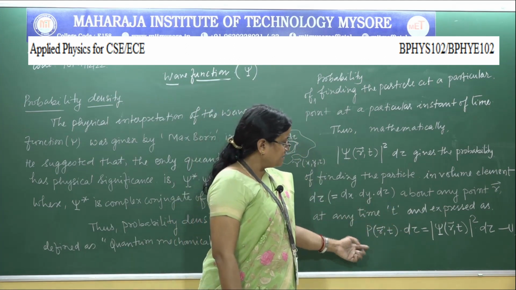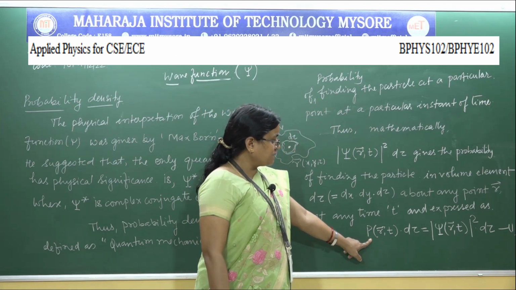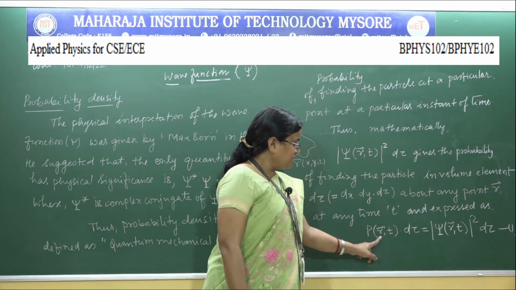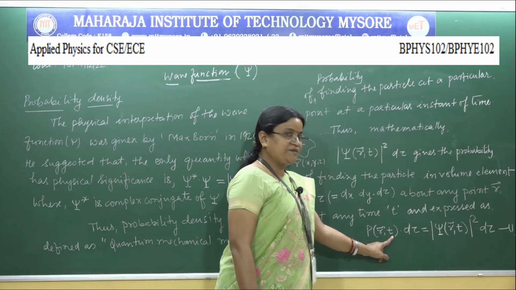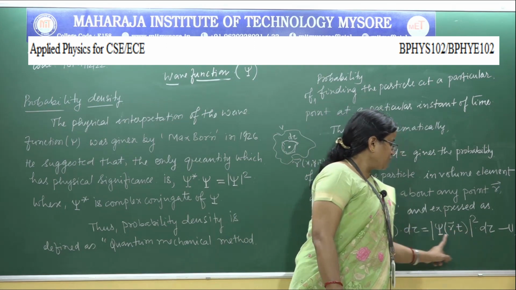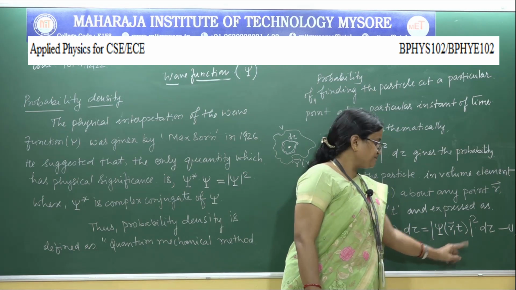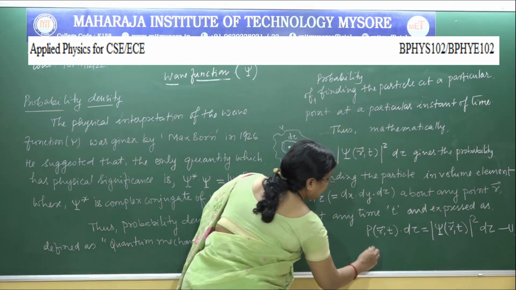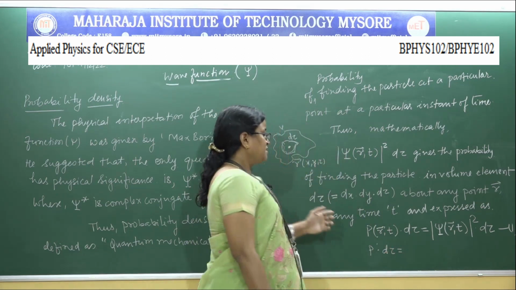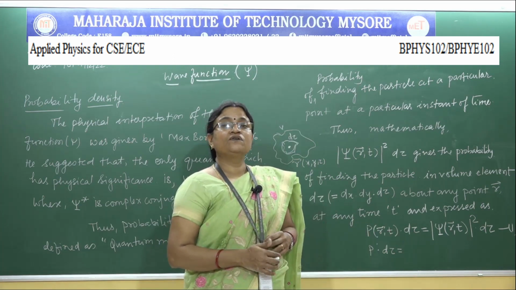And how can we write it? The probability, which we denote by p, of finding the particle in the volume d tau at a particular point at a particular time, is equal to psi square d tau. We know psi is a function of position and time, so in general we can write it as p d tau, a function of location and time.